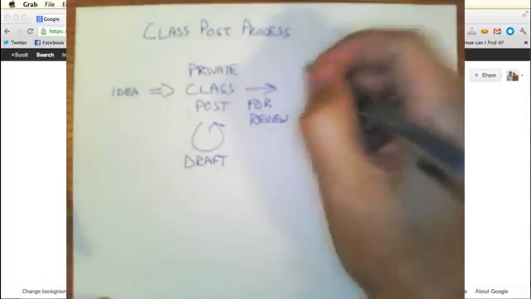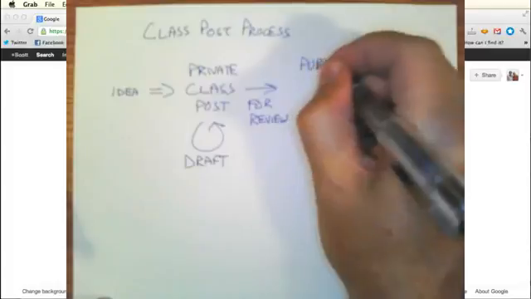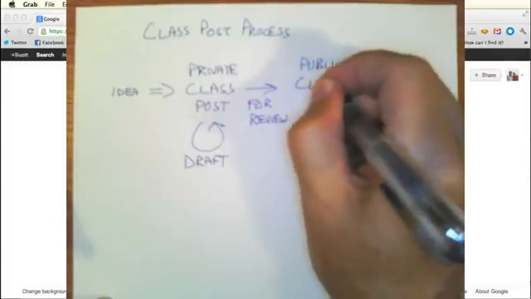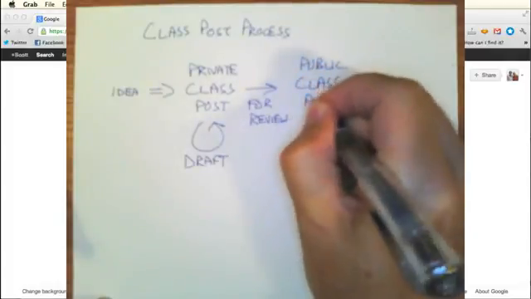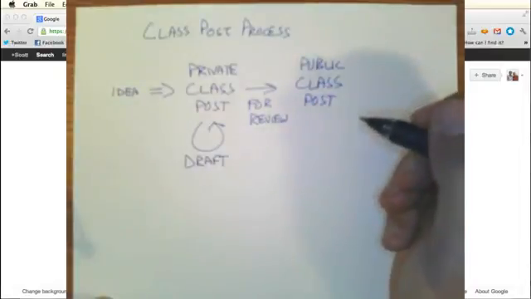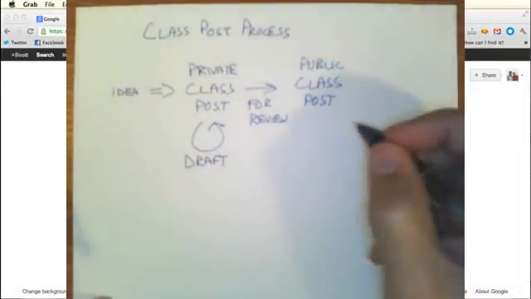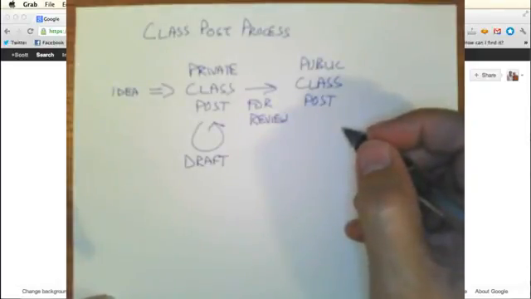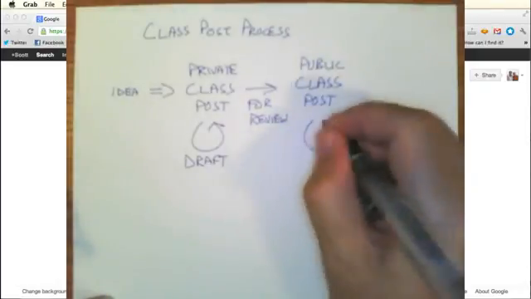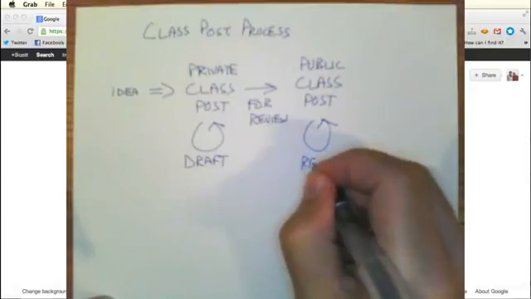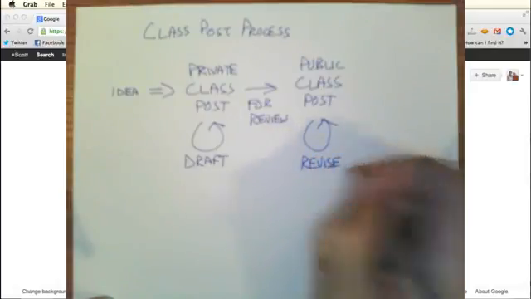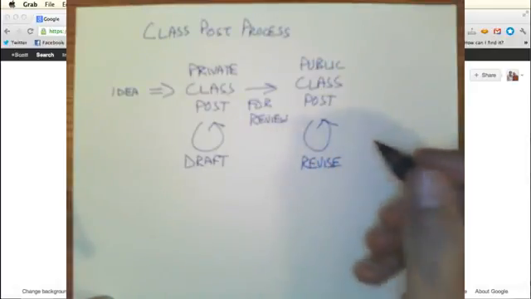So then it becomes a public class post, but it's still not on the front page of the website because it's not ready for general public consumption. The idea is that other people can critique it and help you make it better. Then after you get some critiques, you'll go through the revision process and generally try to make it better and ready for final submission.